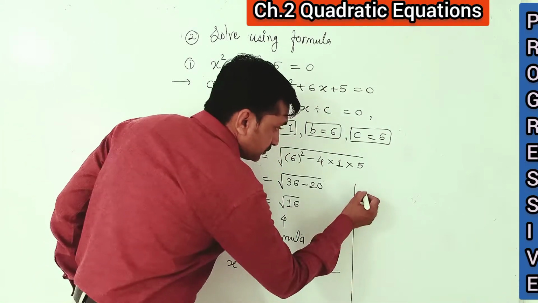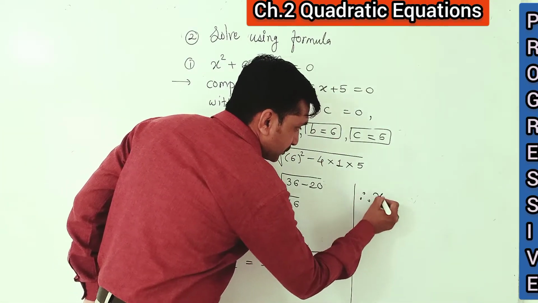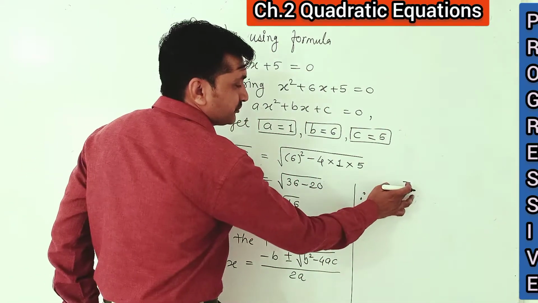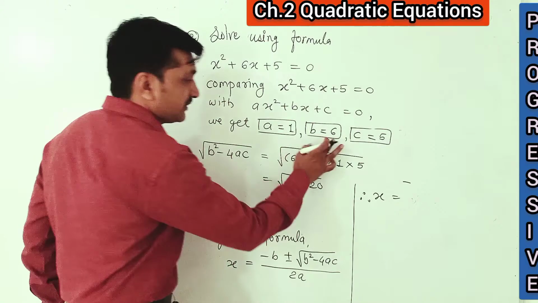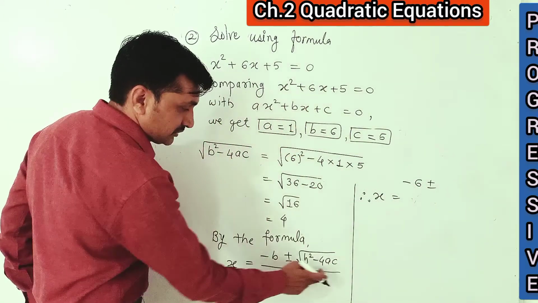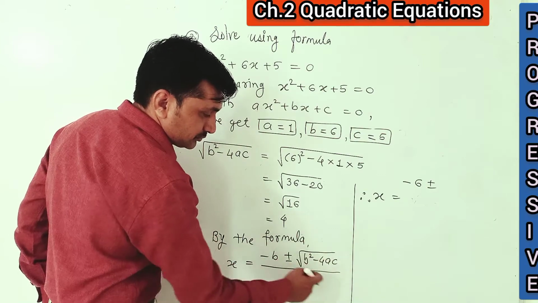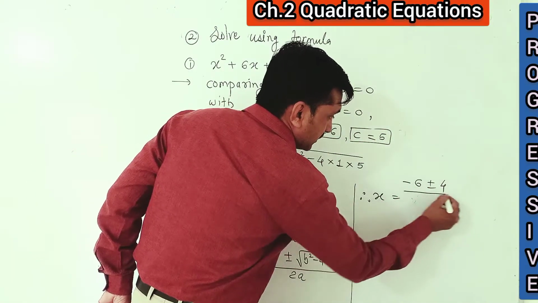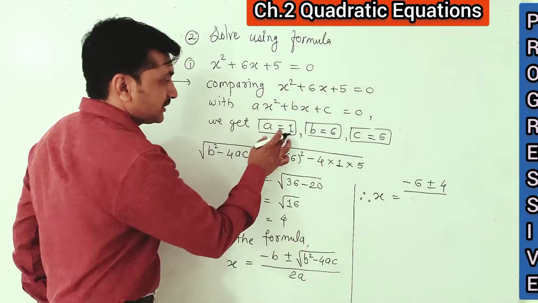Here I continue. Therefore x is equal to, now I put the value, minus, this minus sign is from the formula, minus, what is the b value? 6, minus 6 plus minus, and this whole square root value is 4, therefore here 4 upon 2 multiplied by 1.